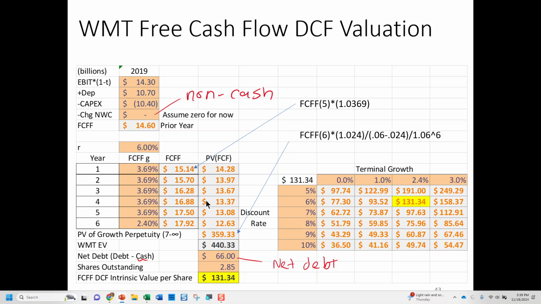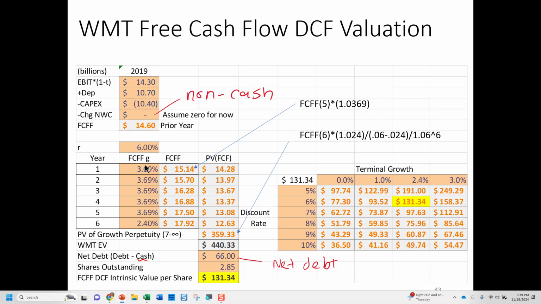If you go to the spreadsheet, you can see what I did. I took that $15 billion, the prior year's FCFF, and added a couple of assumptions: it's going to grow at 3.69% for 5 years and then 2.4% from year 6 to infinity. I got the 3.69 by looking at the Wall Street analyst growth rates for the next 5 years.